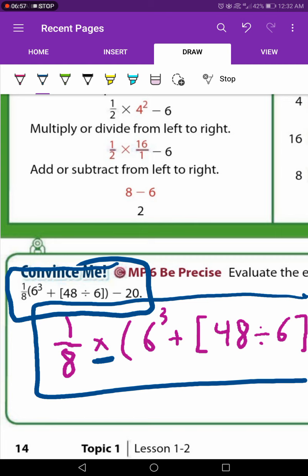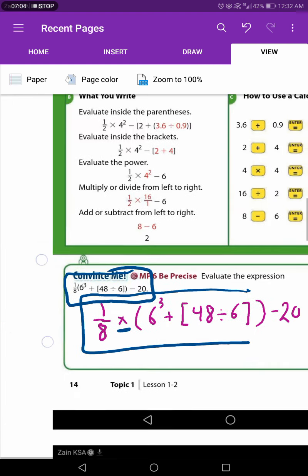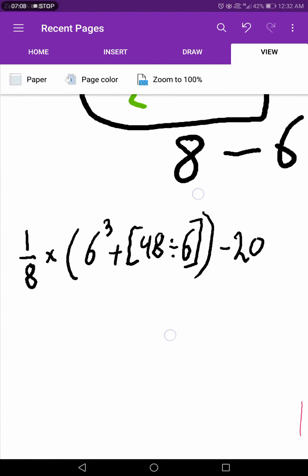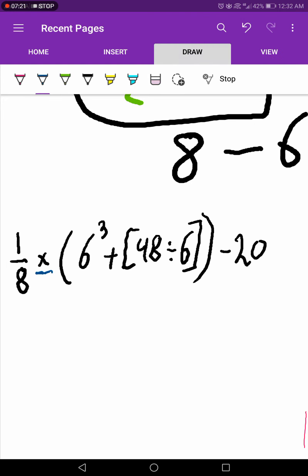By default you consider it multiply. I rewrite the example here. I will start from here, and I put the multiply, you see. Now as we learned, we start from parentheses and brackets, inside to outside. Where is the inside here?